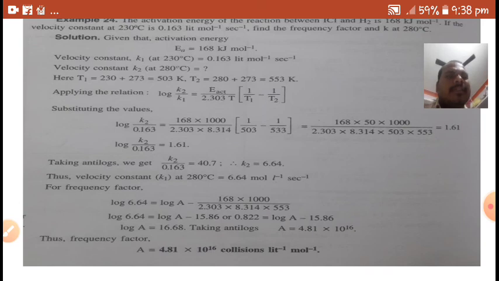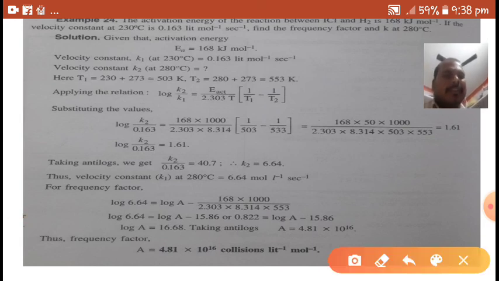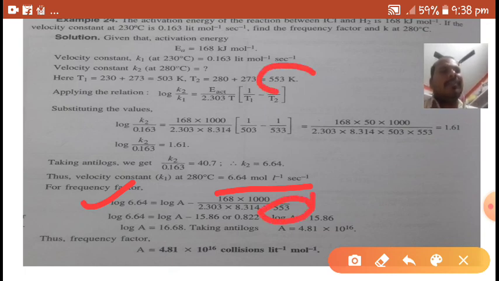Another thing we have to find out is the frequency factor. We can calculate the frequency factor from either rate constant, K1 or K2, because it is constant. By changing K or T, the A value does not change. So I am taking this K2 value here: log K2 is equal to log A minus Ea by 2.303 R T2, where T2, that is 280, is nothing but 553 Kelvin.